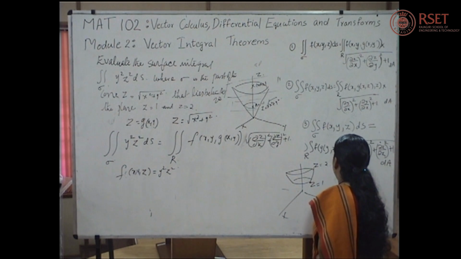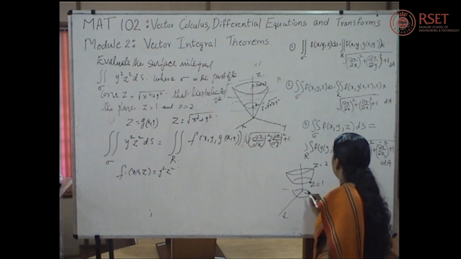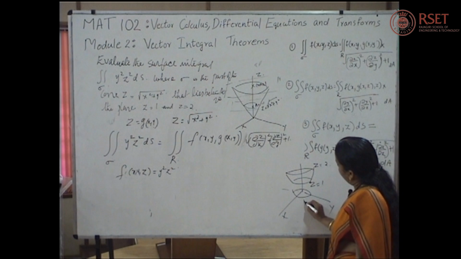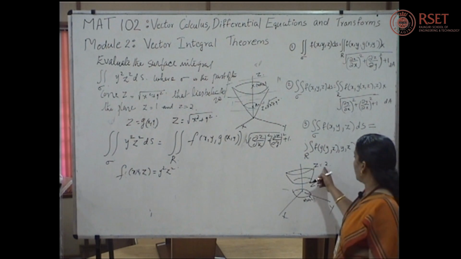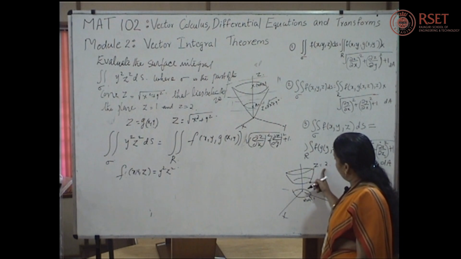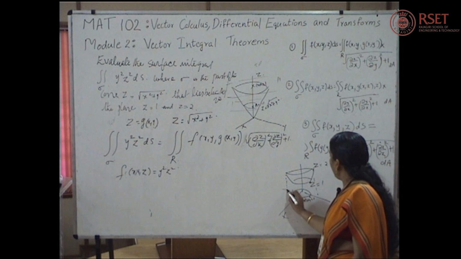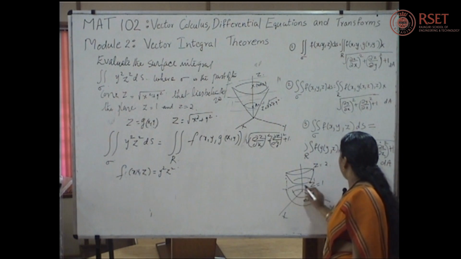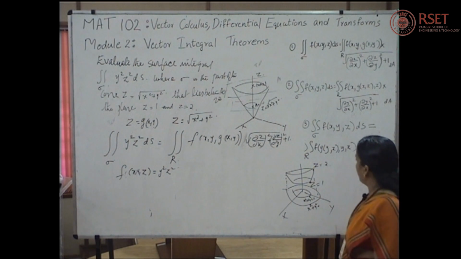This is the xy plane. The projection of z = 1 gives the circle x² plus y² = 1. The projection of the surface z = 2 gives, on the xy plane, the circle x² plus y² = 4.